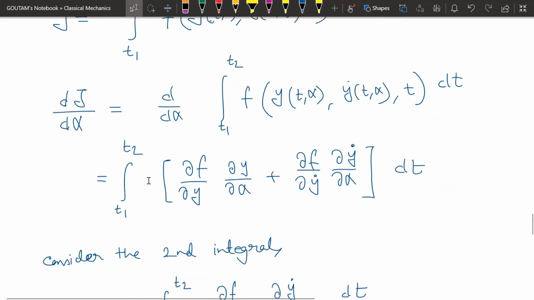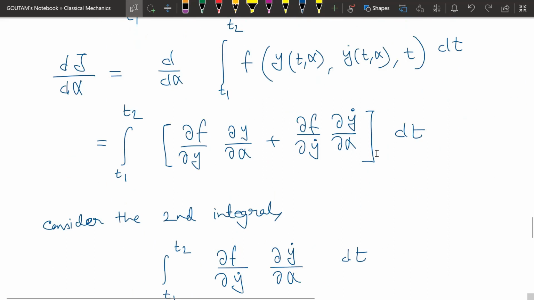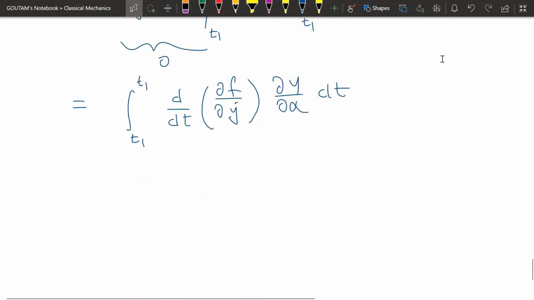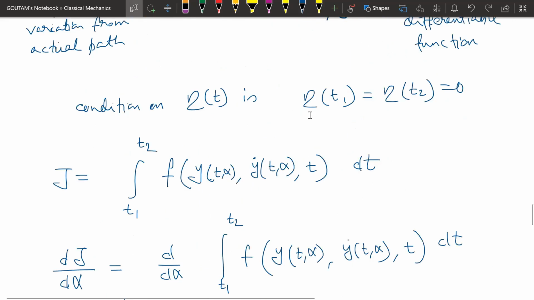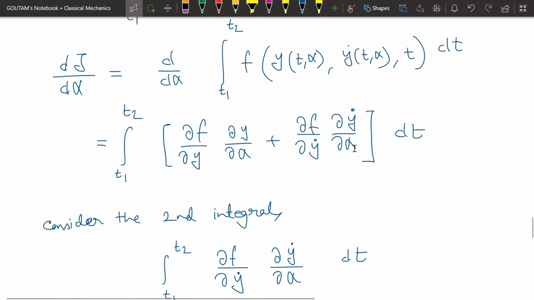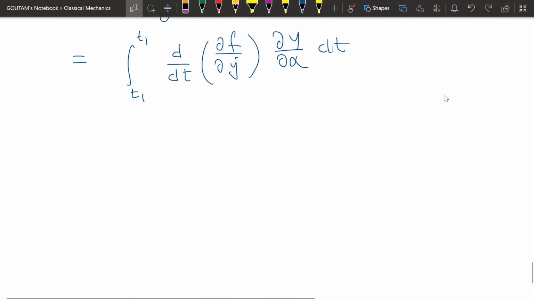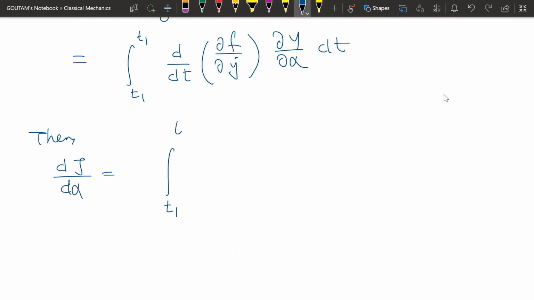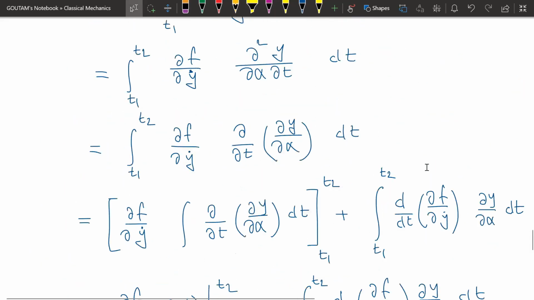Now we will put this integral value into the expression of ∂J/∂α. So then dJ/dα will be the integration from T1 to T2. Okay, I made one mistake here.